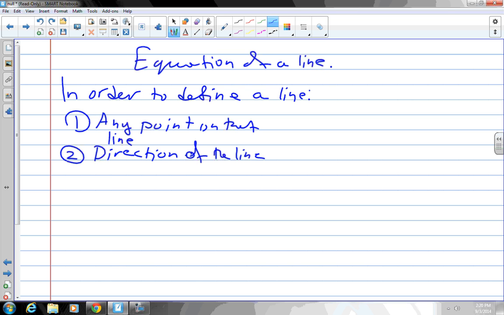Now, there's another term that we use to describe the direction of the line that tells us by how much move over, by how much move up. What is that? Slope. So, in other words, we're talking about the slope.